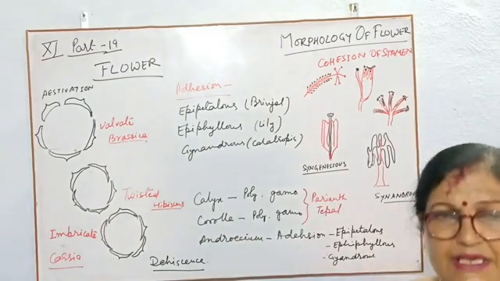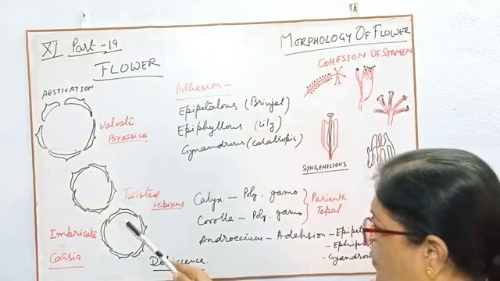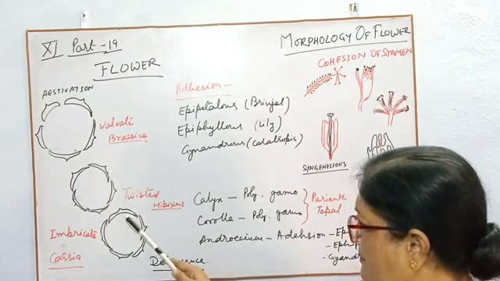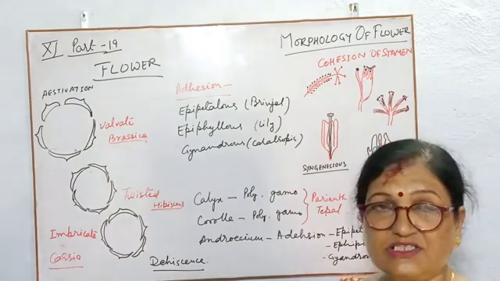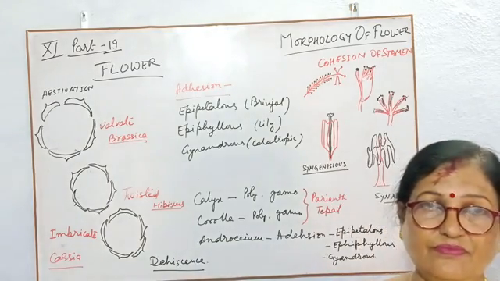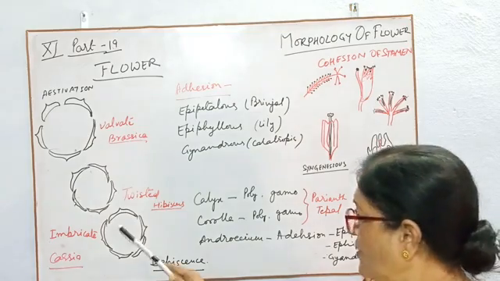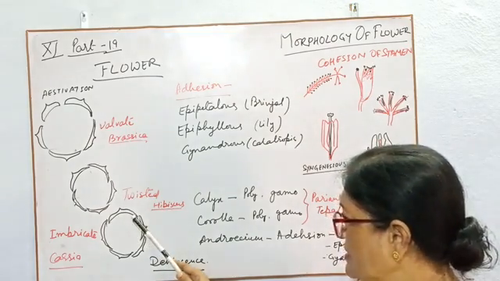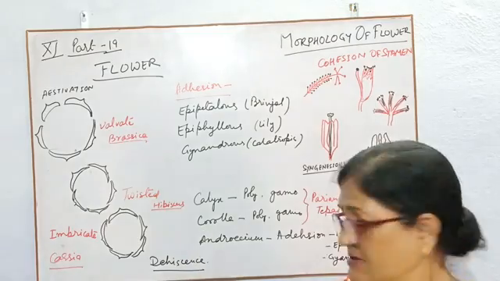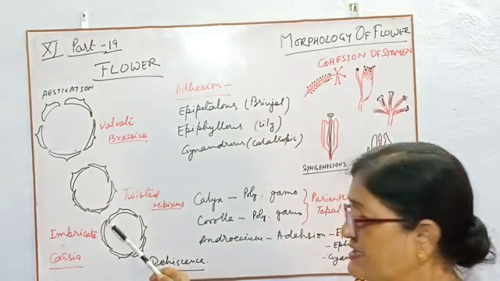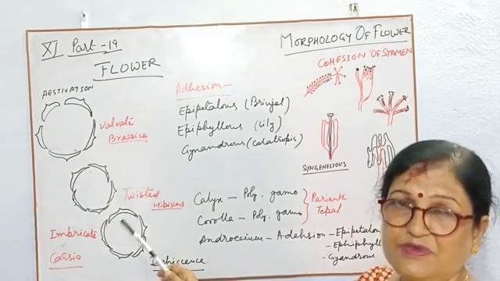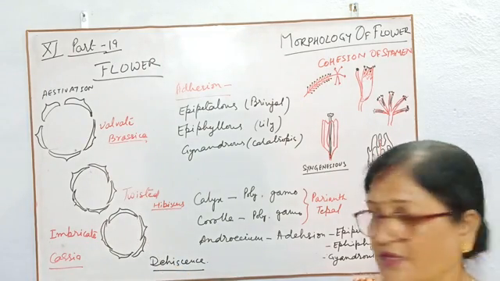In the imbricate type of estivation, one floral part has both margins inside. Please remember it. One floral part, either sepal or petal, it doesn't matter, has both margins inside, that means overlapped by others.